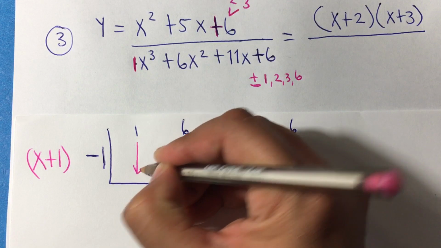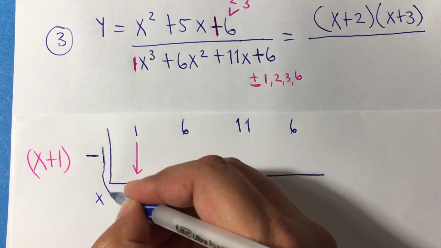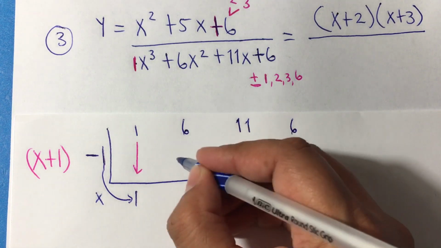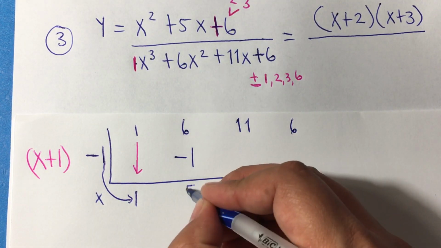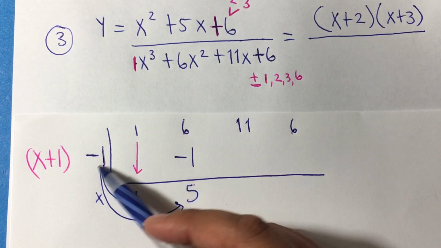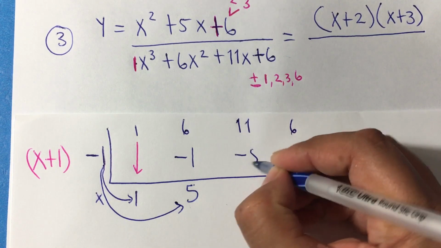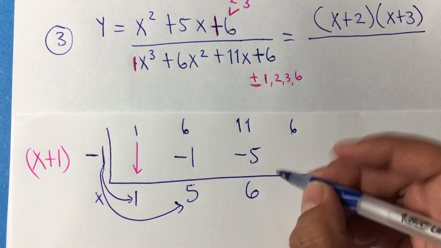Then you're going to bring this 1 down and start multiplying. So negative 1 times 1 is negative 1. I combine this, 6 minus 1 is 5. And I repeat the step of multiplication. Negative 1 times 5 is negative 5. I combine this, and it's going to be positive 6.